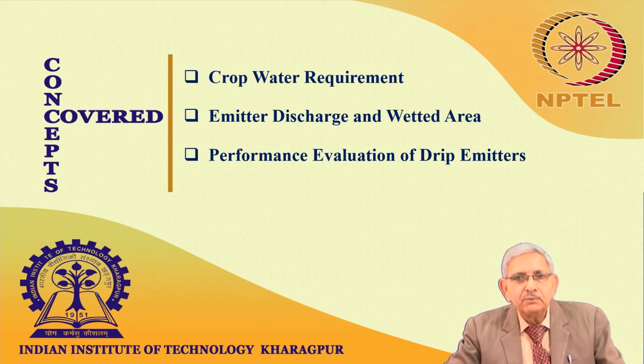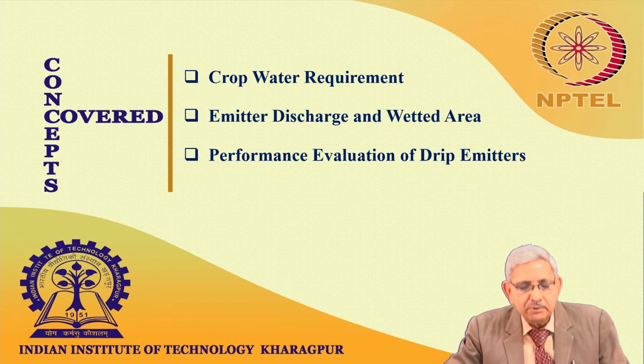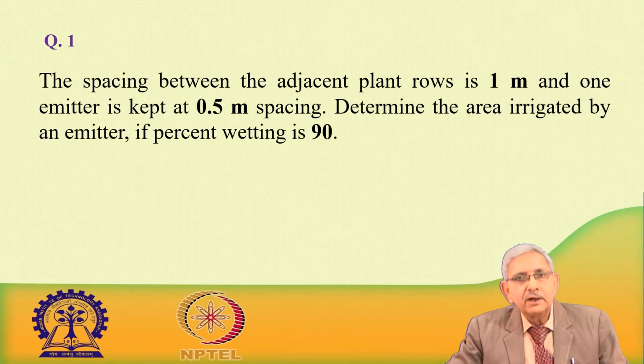These problems will deal with the determination of water requirement of a crop, how to determine the emitter discharge from the given wetted area, and how to evaluate the drip emitters' performance in terms of emission uniformity. So, let us start.